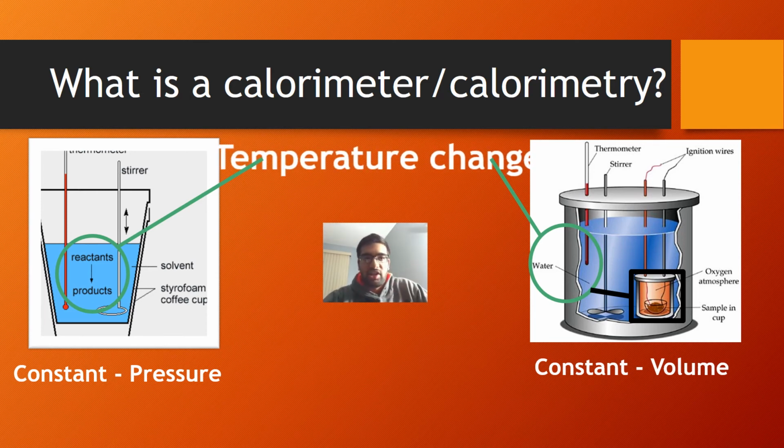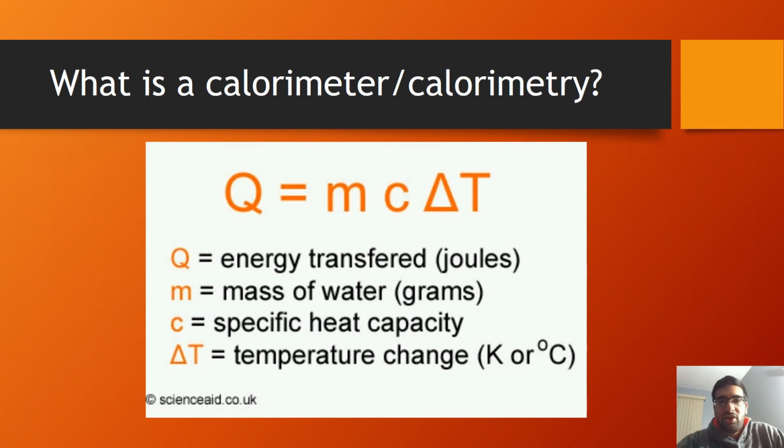And that temperature change is then used in this equation, Q = mcΔT, where Q is the energy transferred, which is what we're trying to find, m is the mass of the water or any other substance, c is the heat capacity of that water or any other substance, and then the triangle here is a delta.